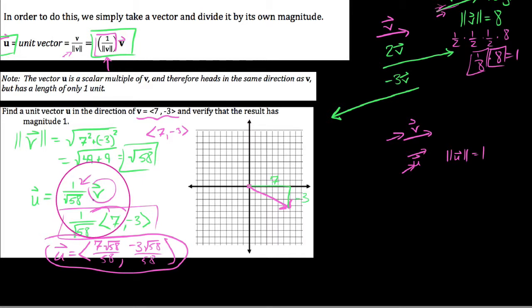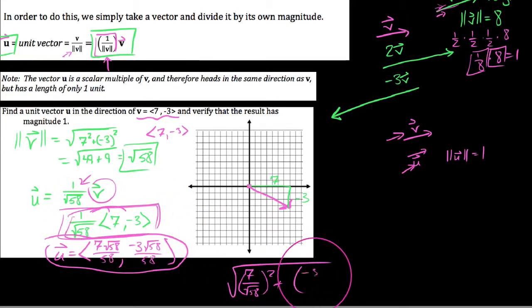Okay, so I do want to verify that this actually has a unit length. We could say, all right, well, that'd be the square root of, oh, this will be fun. Actually, let's just do it this way. If we had 7 over radical 58, that's squared, I'm getting this from right here, plus negative 3 over radical 58, that's squared.